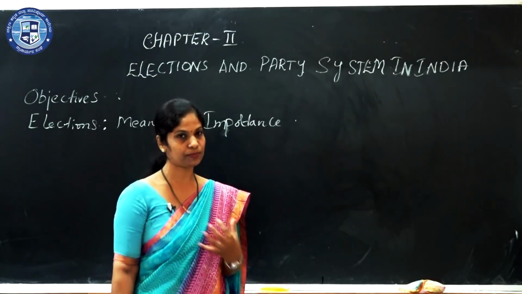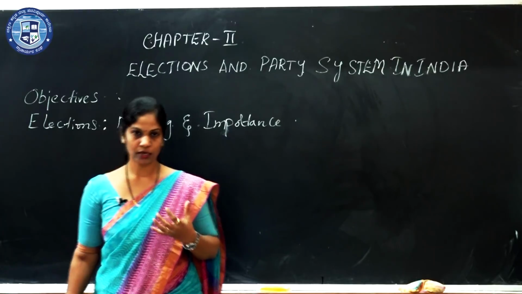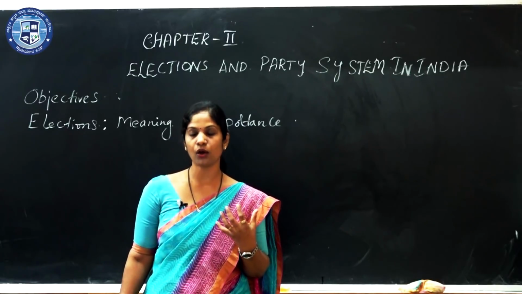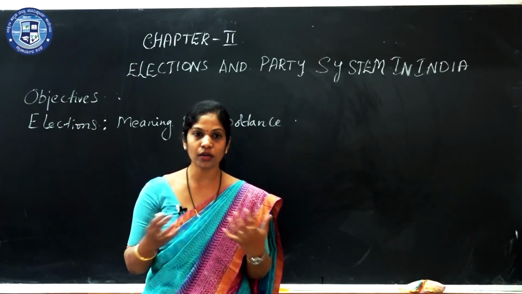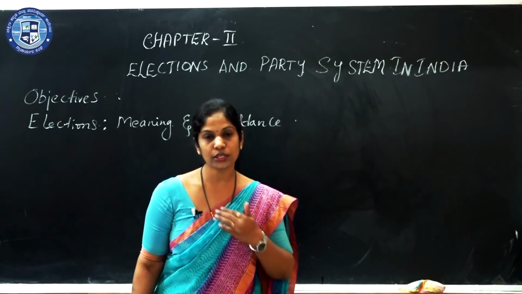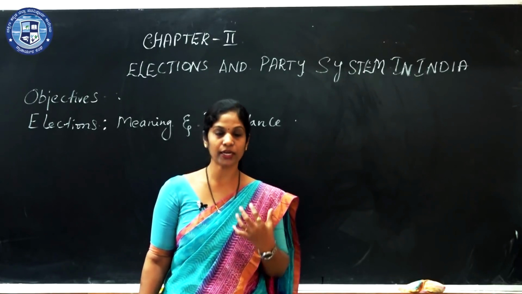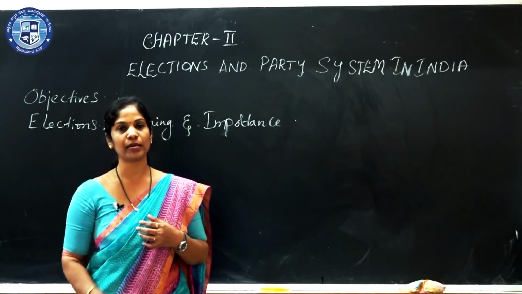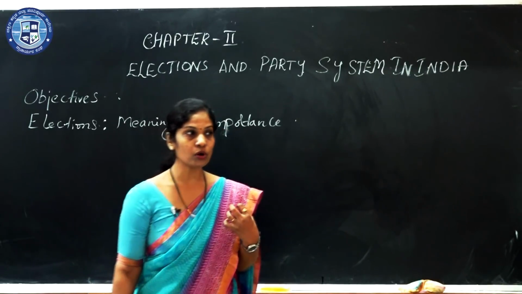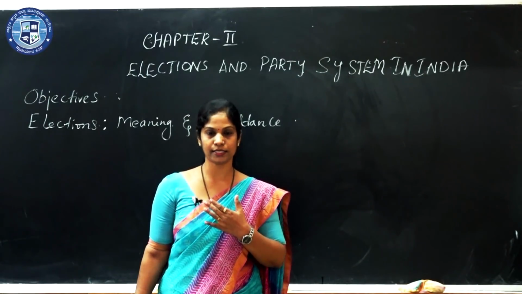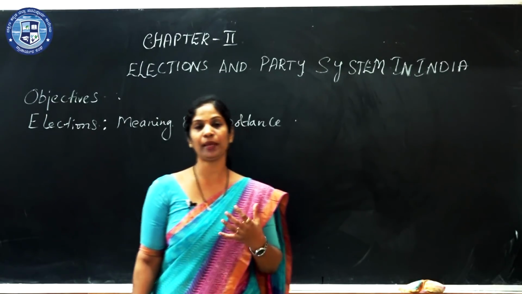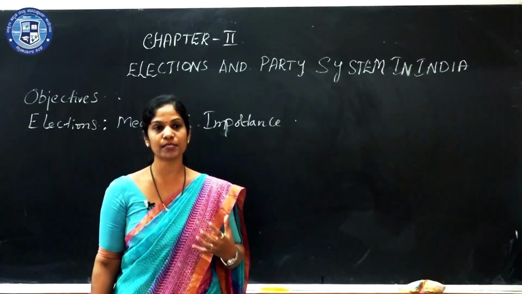You will also know how the Election Commission is organized and how it functions, one of the unique features under the Constitution of India. We need to understand how it has been organized and what its functions are. After independence, the democracy has experienced various reforms in the method of election.